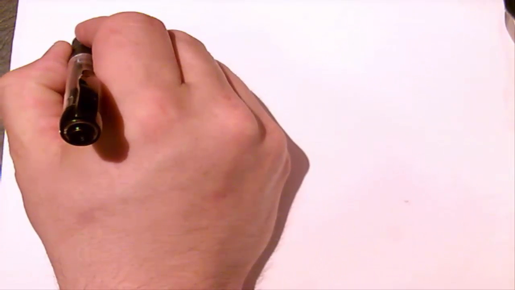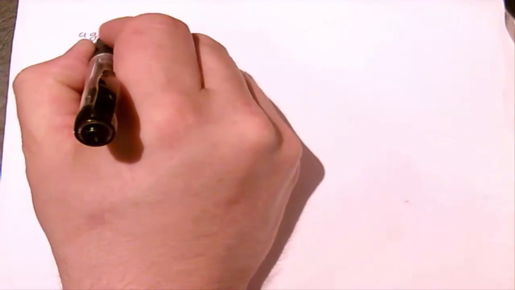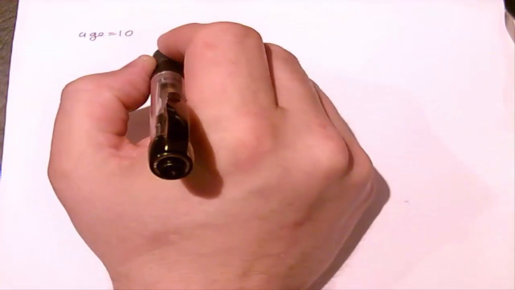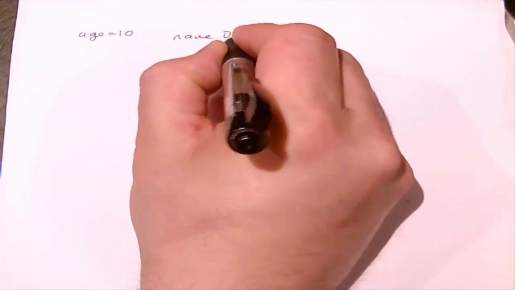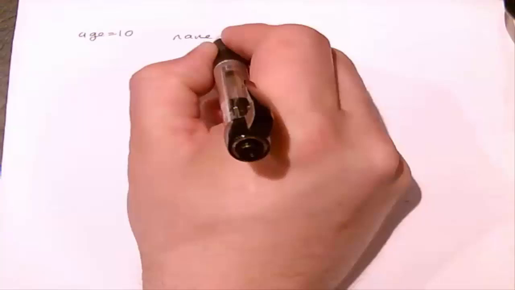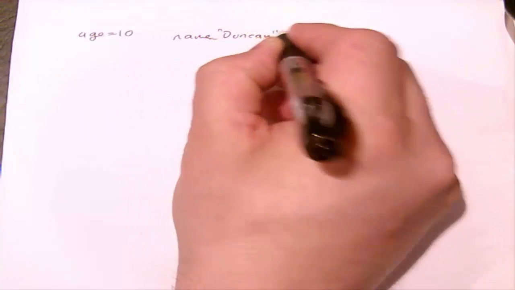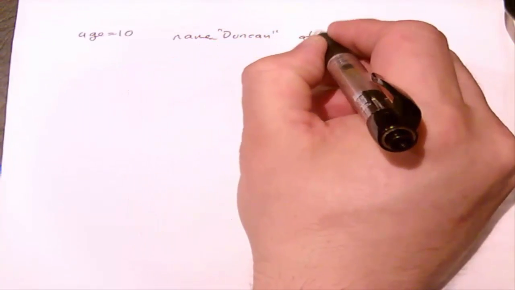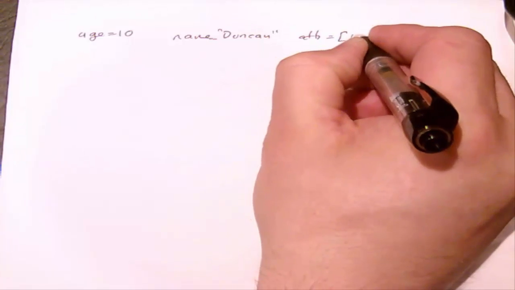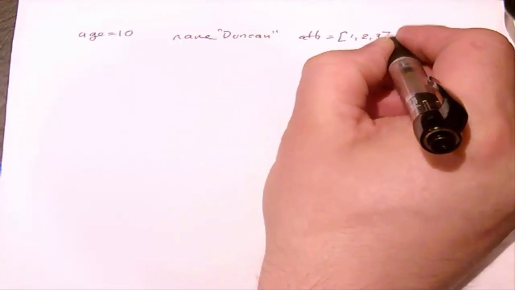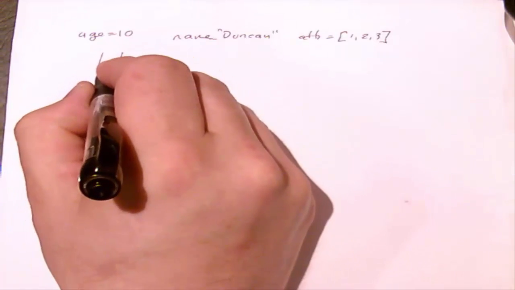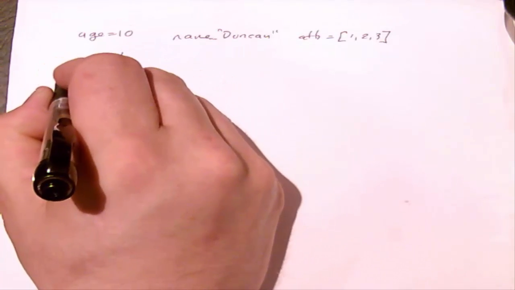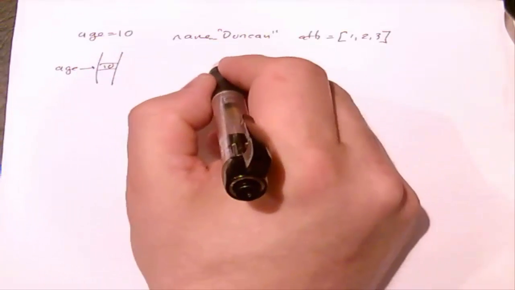We set up age being 10, we set up name being Duncan, and we set up attributes being our list 1, 2, 3. And as we've already looked, what's actually happened is in memory we've got 10 and our reference age points to 10.